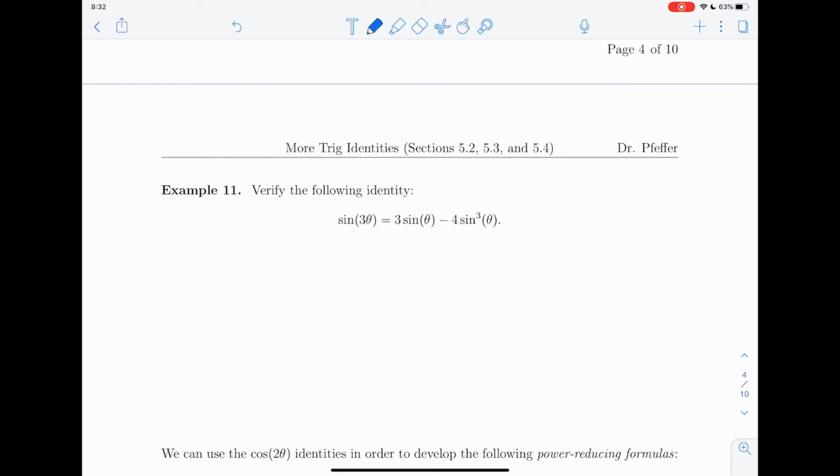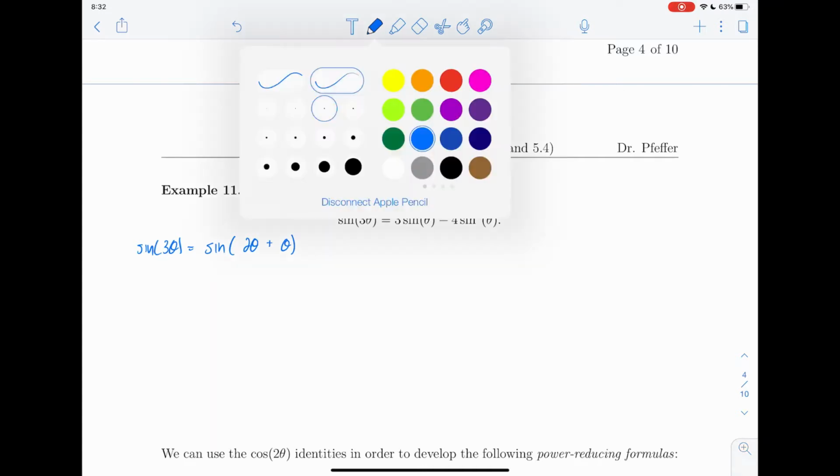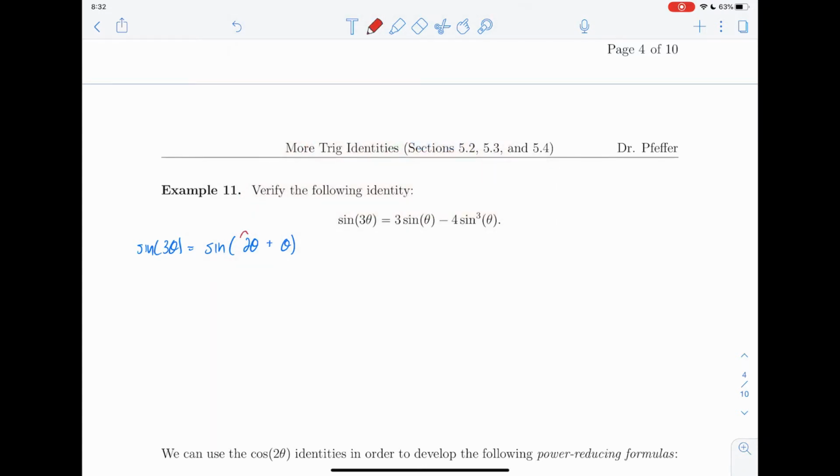So the best way to start here is to take sine of 3 theta and realize it as the sine of 2 theta plus theta. This is important because with this point of view, you can imagine that 2 theta is your alpha, and a regular theta is your beta, and so this is a sine of alpha plus beta.